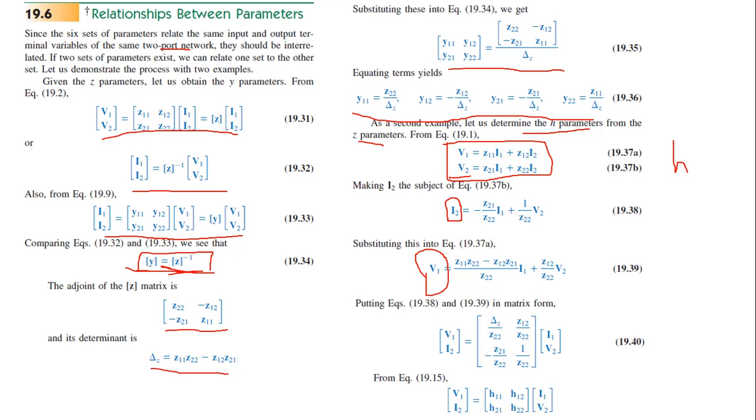Take the second equation and rearrange it to find the value of I2. Similarly, rearrange the first equation to get the value of V1 and substitute the value of I2 here.